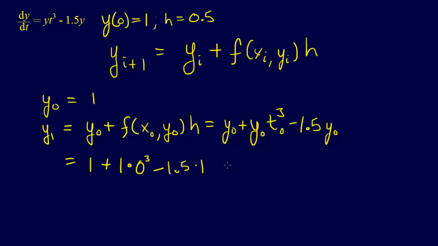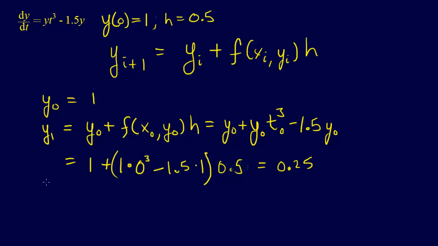And I just remembered, all this has to be multiplied by 0.5. So we've got 0 minus 1.5, times 0.5, and so half of 1.5 will be 0.75, so 1 minus 0.75 is going to be a positive 0.25.